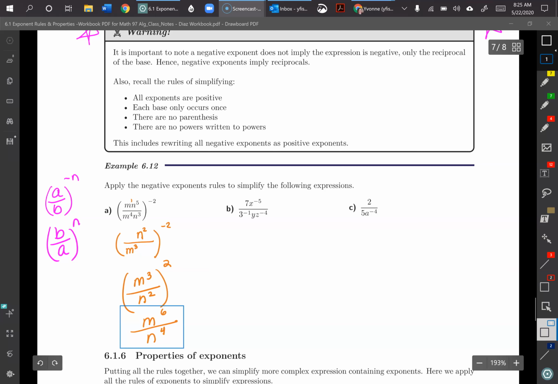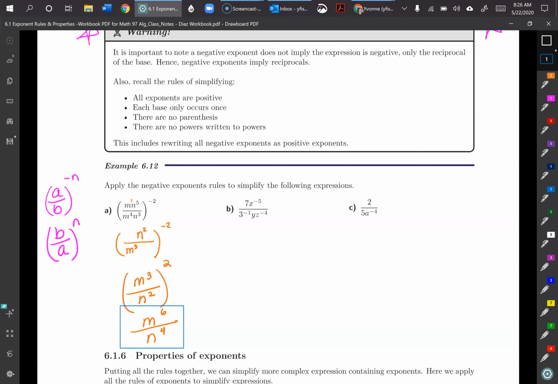So again, I'm just going to put a line down here and get myself situated for setting up where my things are going to go. So 7 isn't to any negatives, so I'm just going to leave that there, raised to the power 1. So x to the -5 will come down under here as x to the +5.